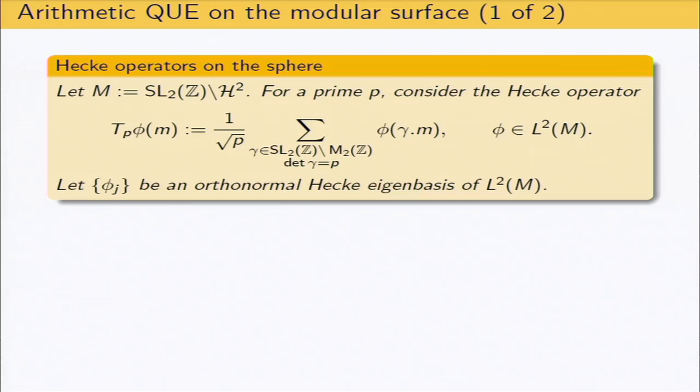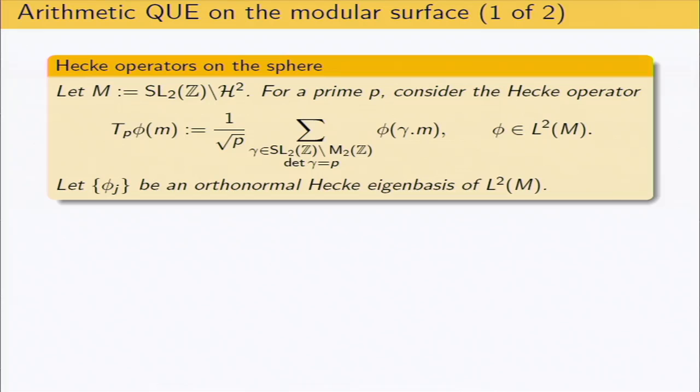And I have two slides left for the remaining few minutes, which is about arithmetic quantum unique ergodicity on the modular surface. Here I define the usual Hecke operators. SL2(R) acts on the upper half plane by fractional linear transformations, and then out of determinant p integral matrices modulo determinant 1 matrices, I can form p plus 1 Hecke points just as before on the surface and scale them with the usual 1 over square root of p factor.